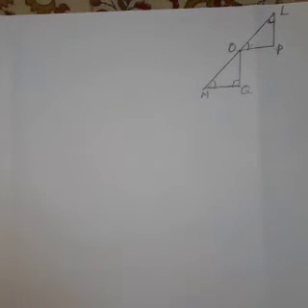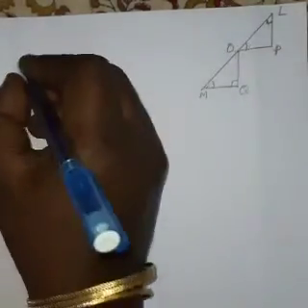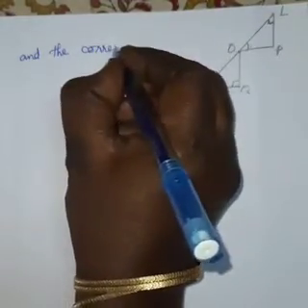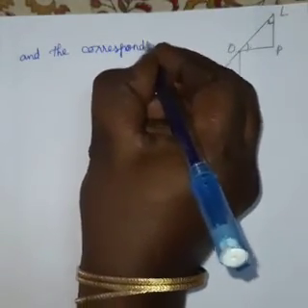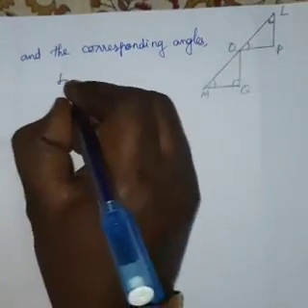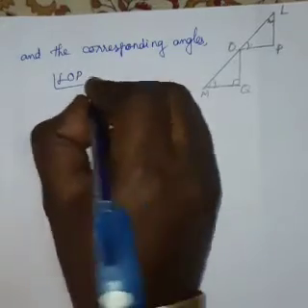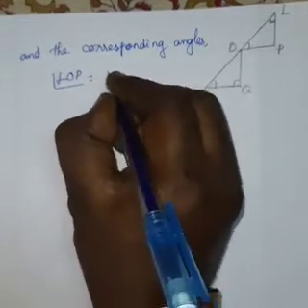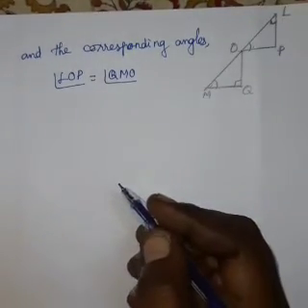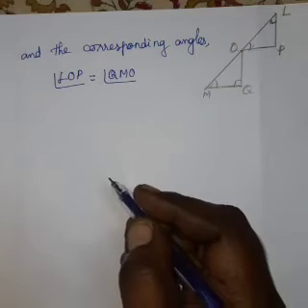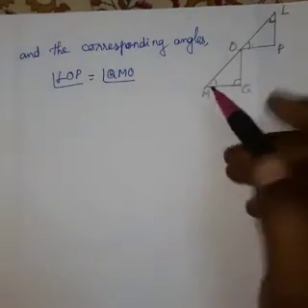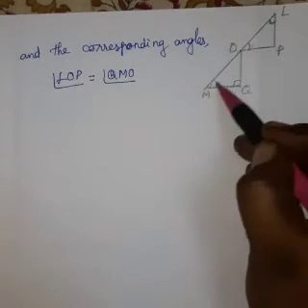How to write? The corresponding angles: angle LOP is equal to angle QMO. So the corresponding angles are equal. First we got two angles equal to 90 degrees. Now we get these two angles are equal. So these two are 90 degrees and these two are equal.